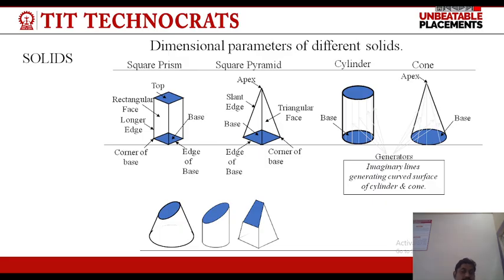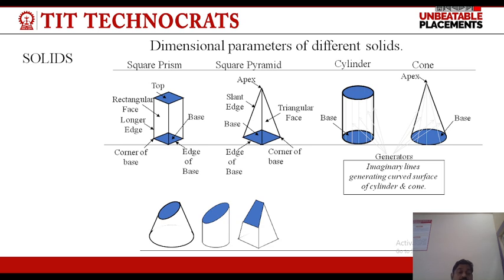Frustum. When a pyramid or a cone is cut by a plane parallel to its base, removing the top portion, the remaining portion is known as a frustum. When we cut any object parallel to the base, it is a frustum.